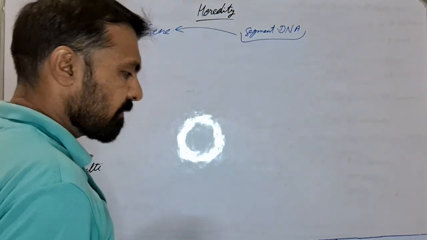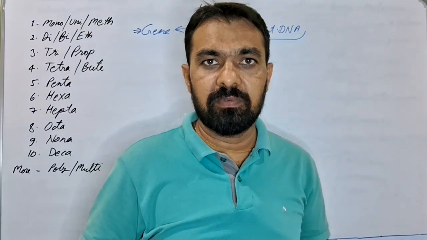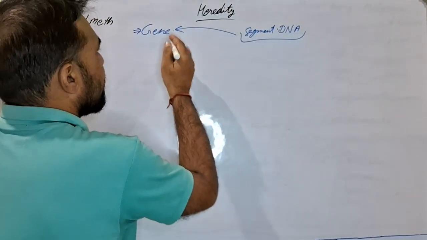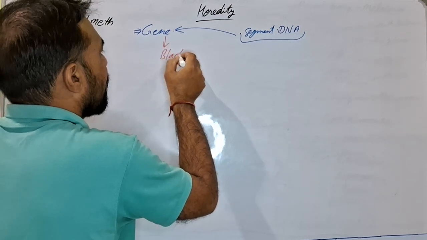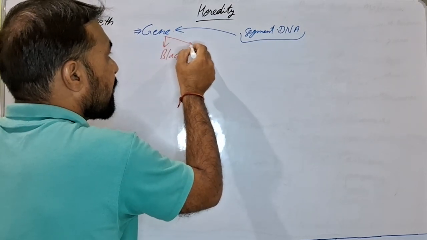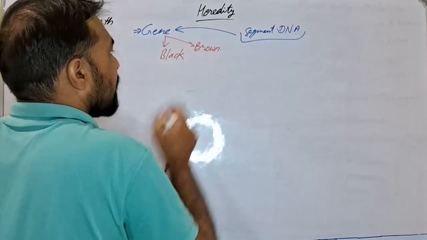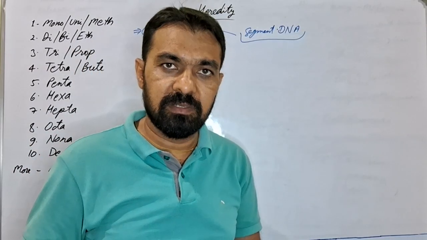Just for an example, a gene which controls the color of our eyes could say that the color of eye will be black, or it could say that the color of eyes will be brown. That means these are two different forms of that particular gene.